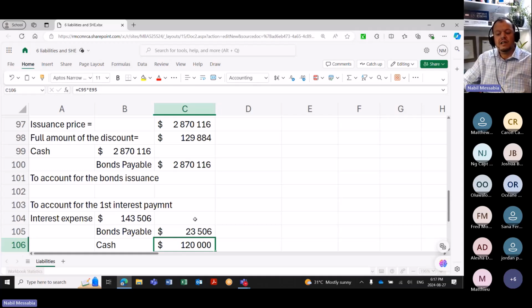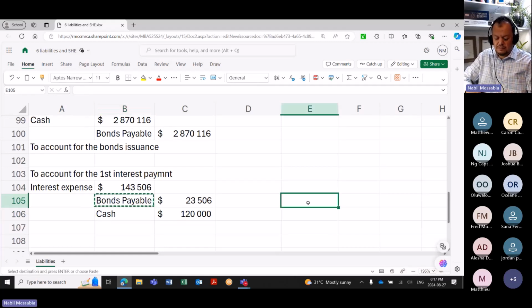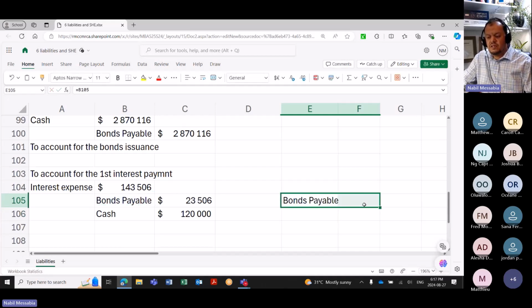So this is how. And when you do this, what happens to my bonds payable account? Look at the carrying value of my account. If I make the T account of the bonds payable, look at what happens.